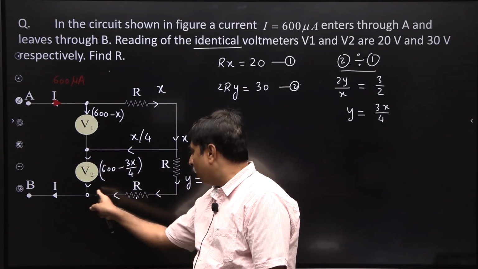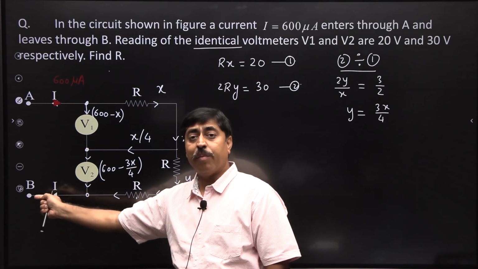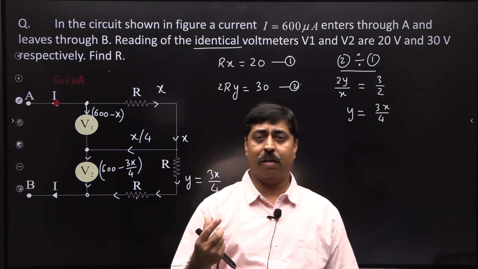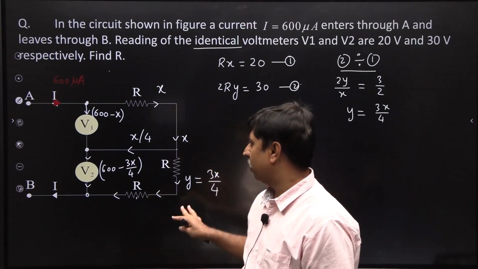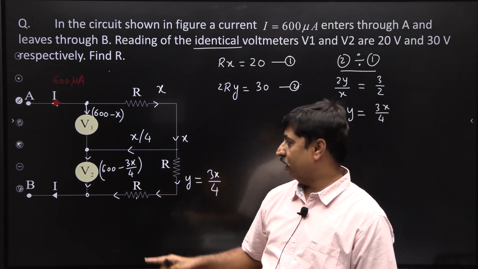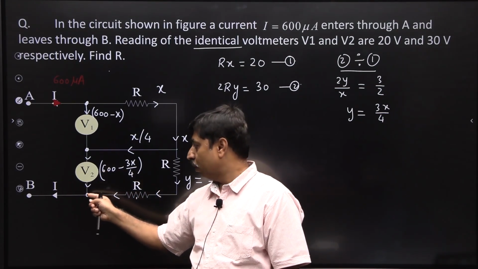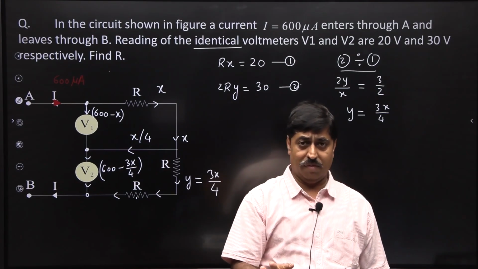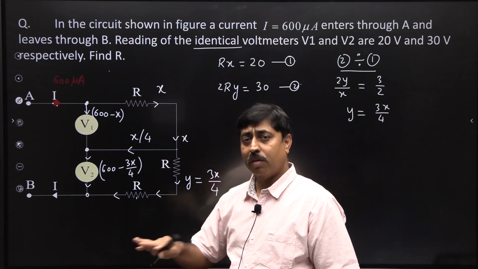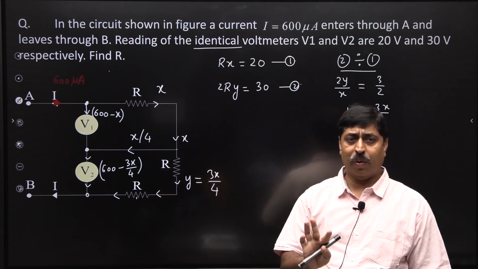If you add these 2 currents, 600 minus 3X by 4 and 3X by 4, the total becomes 600, which is right. So, in a way we have verified that the distribution of current that we have drawn over here is actually correct, because if you add these 2, you get 600. Had it not been equal to 600, that means we had made some mistake in the distribution of current, but right now it appears to be perfectly all right.